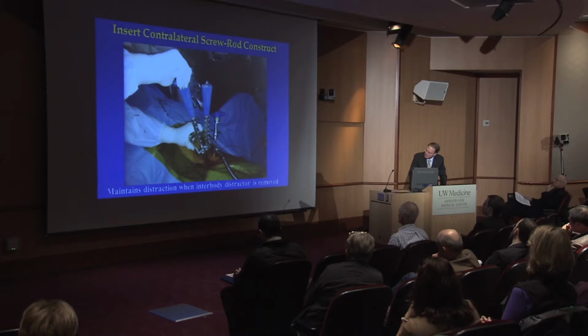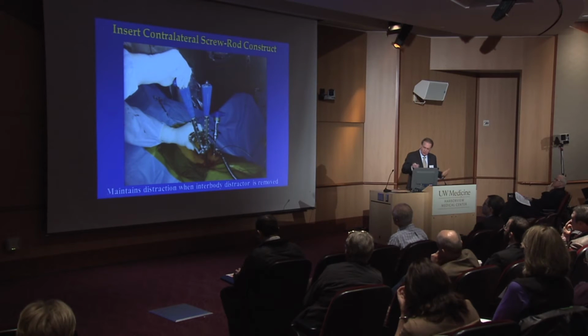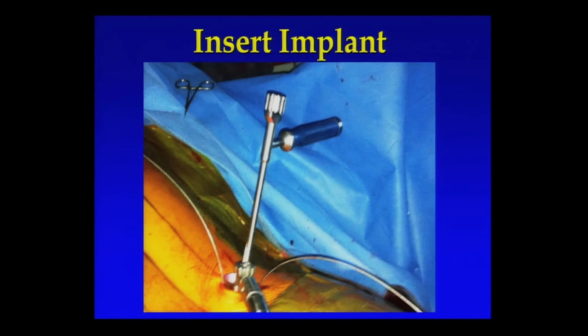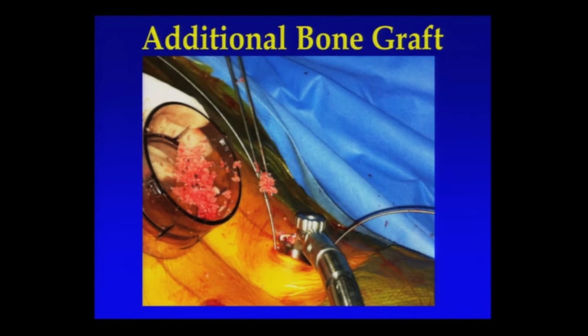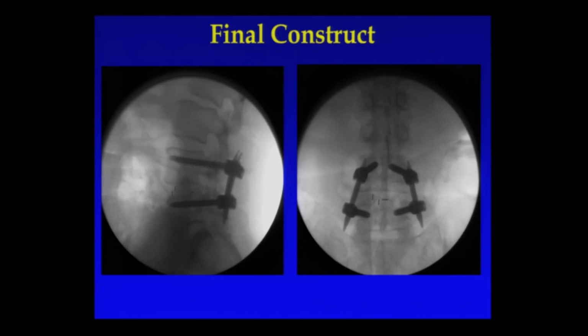On the left side, I'm placing screws and rods, which I'll ultimately want for fixation, but it also, in this particular technique, helps us maintain that distraction so that we can then remove the interbody distractor and go ahead and do our interbody work. There's a PEEK cage with bone in it. And always, of course, supplemental bone graft in addition to the interbody cage, and followed by contralateral screw fixation.